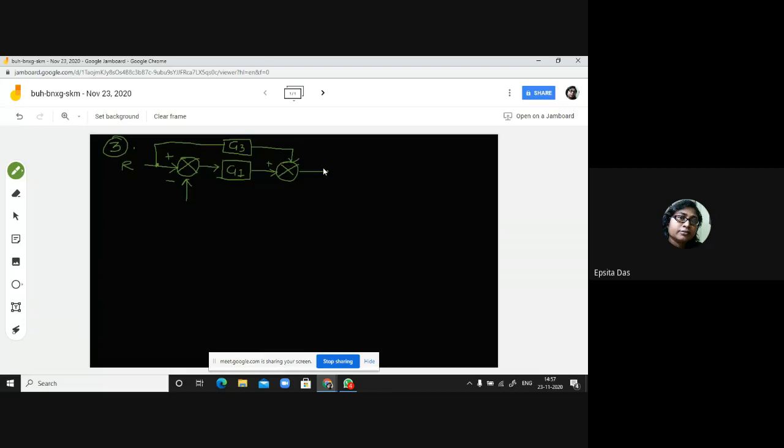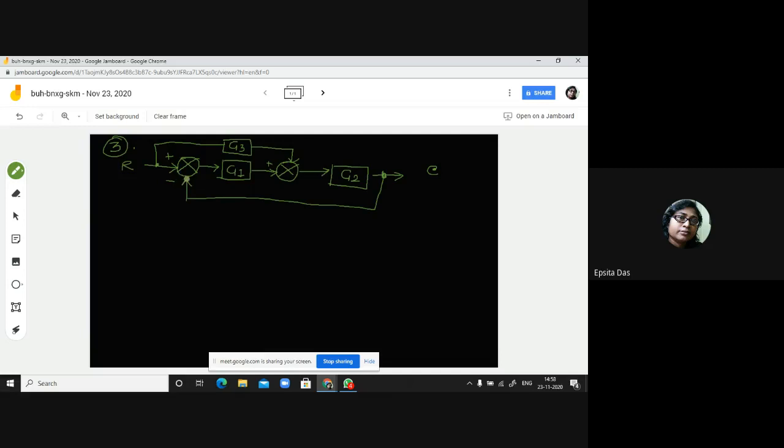And then you will find a G2 block here. And this is my C output. So this is my block diagram and I have to reduce.